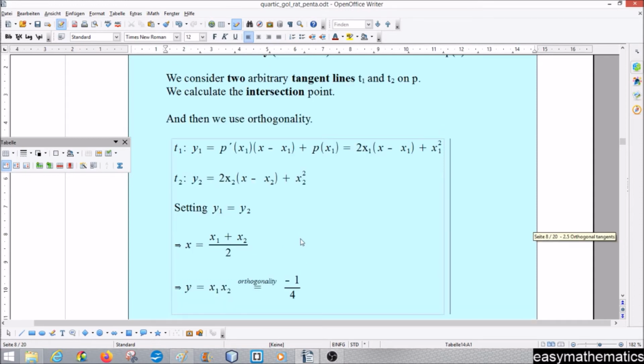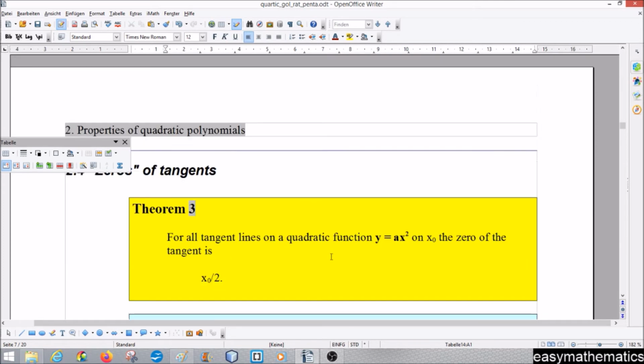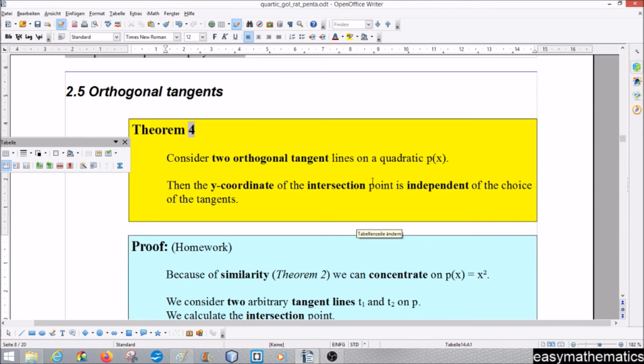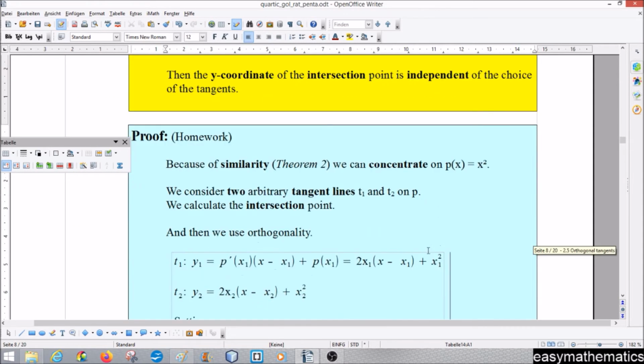And thanks to the similarity, please recognize that for a general parabola, if you use a general quadratic, the similarity allows us to take care only of the normal parabola.